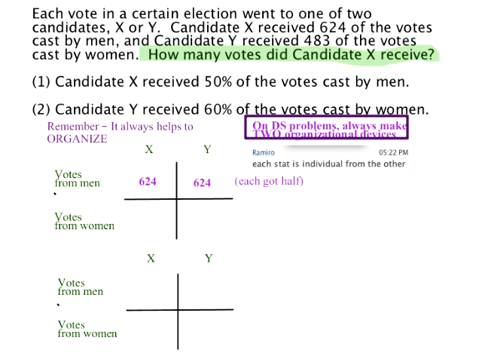But then candidate Y received, we don't know statement 2 yet. So candidate Y received 483 votes from women, and then this is just a gigantic question mark. But notice that the goal is the total number of votes in the left-hand column. We don't care about the right-hand column, we care about the left-hand column. So this is going to be not sufficient.